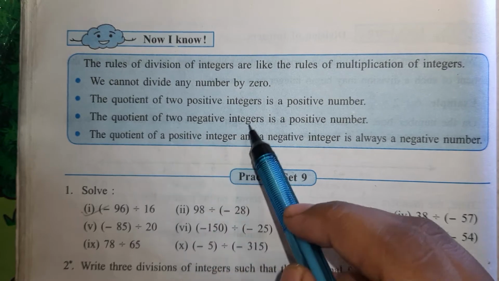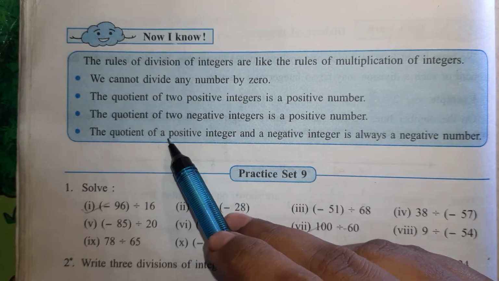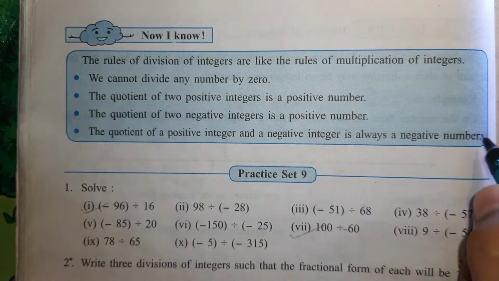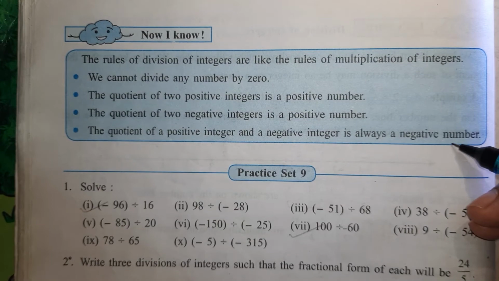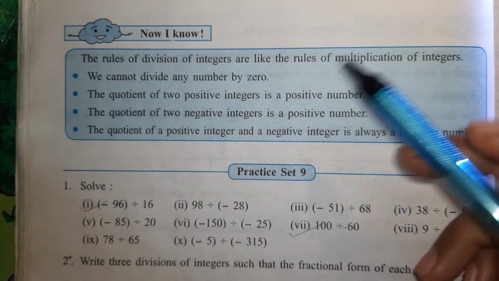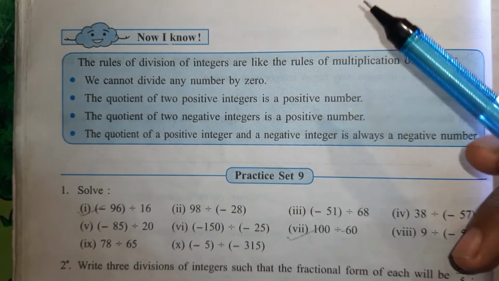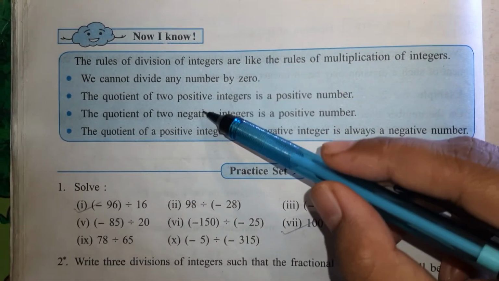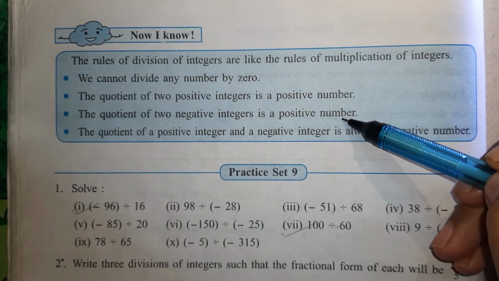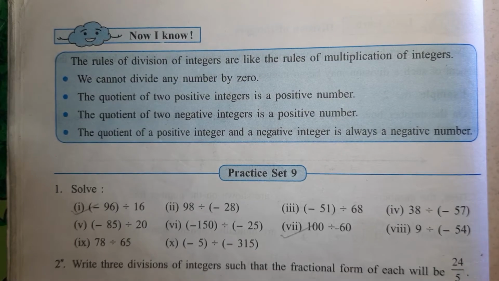And the quotient of a positive and a negative integer is always negative, means one positive and one negative, then the answer will be negative. These are the three rules of multiplication and division. Two positive numbers, answer positive. Two negative numbers, answer positive. And one positive, one negative, answer will be negative.